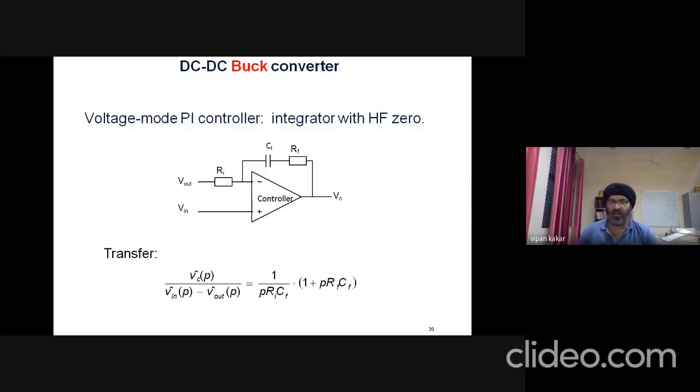So how to insert a zero at high frequencies is just by including the integrator in the circuit. The transfer function of this integrator has the control voltage at the output, and at the input it gets the difference between input and output.